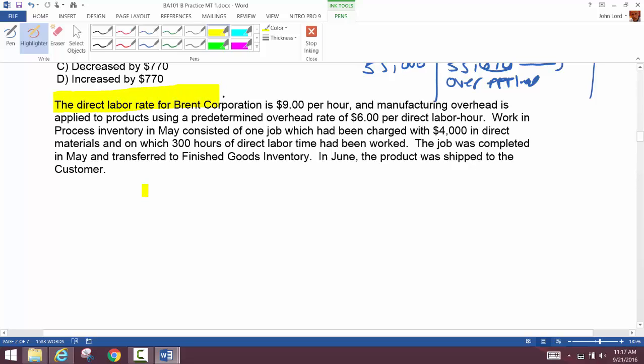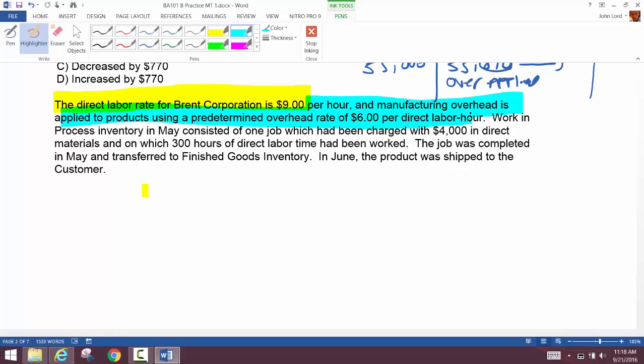Okay, so we have this direct labor rate is $9, and we're going to apply our manufacturing overhead at $6 per hour. So we have our direct labor rate, we have our predetermined manufacturing overhead rate, which was given to you in this question. You didn't have to calculate it, right?